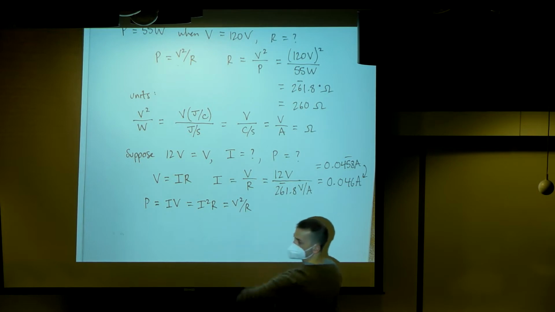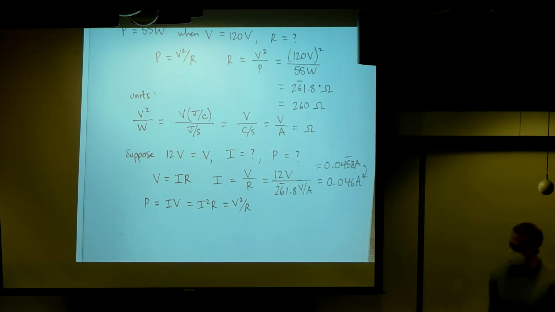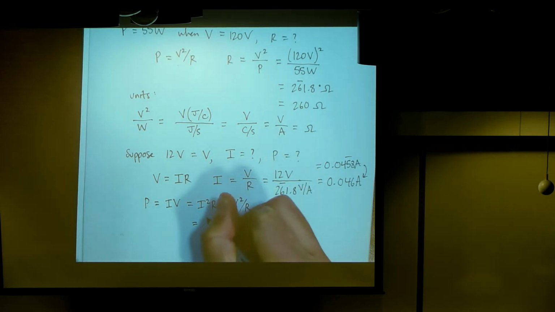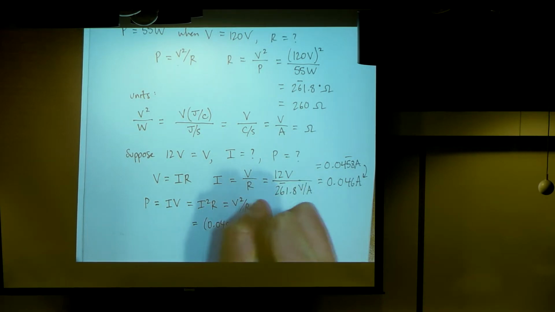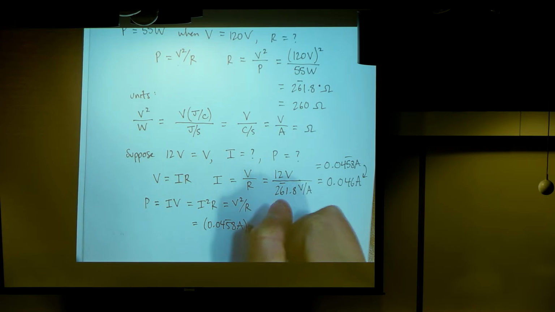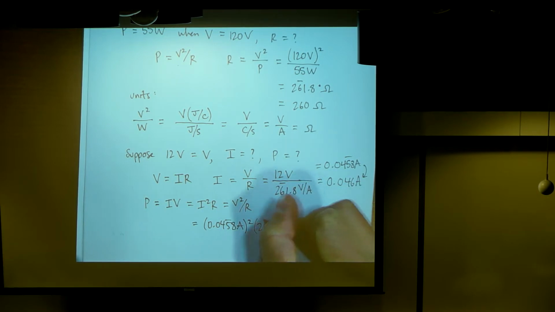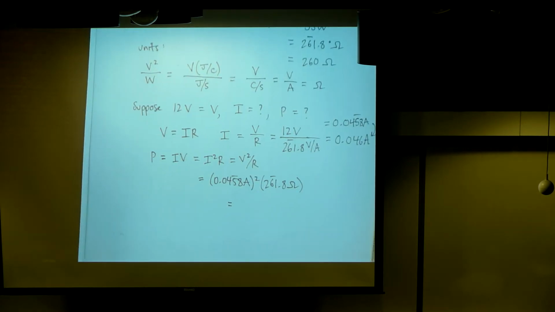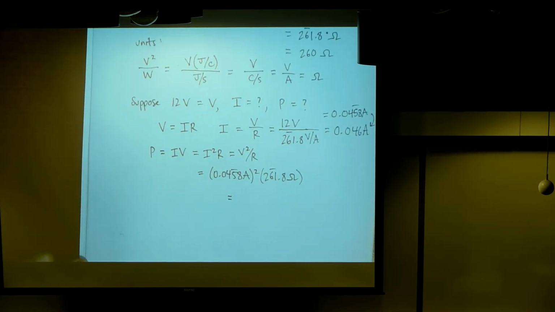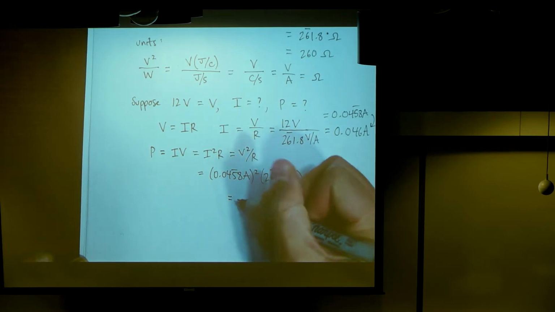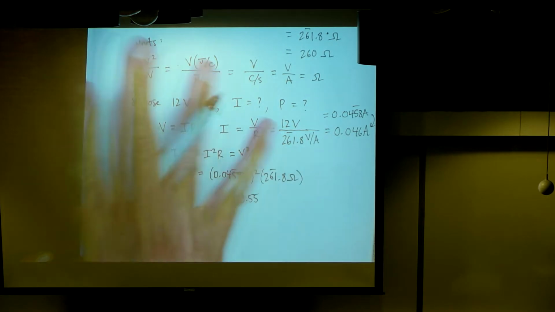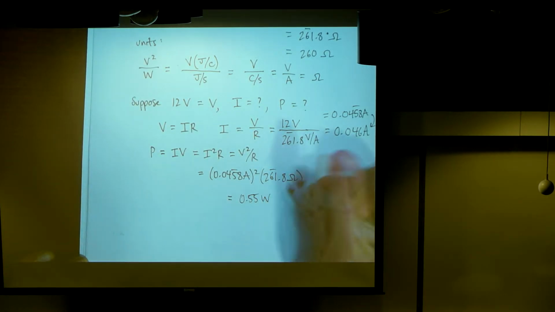First one, second one, third one? Okay. All right, second one it is, let's do it. So I squared is 0.0458 amps squared, resistance is 261.8 ohms. And this gives us the power. What is that power? 0.549. So I'm just going to round that to 0.55 when we keep two sig figs, watts.